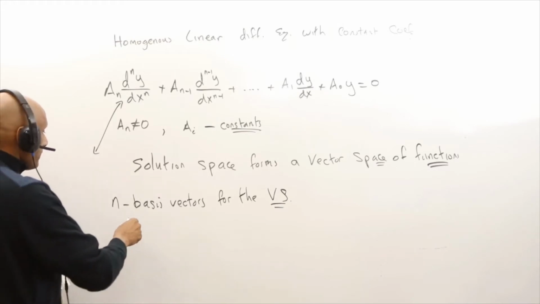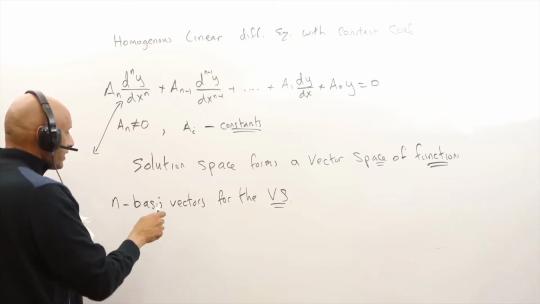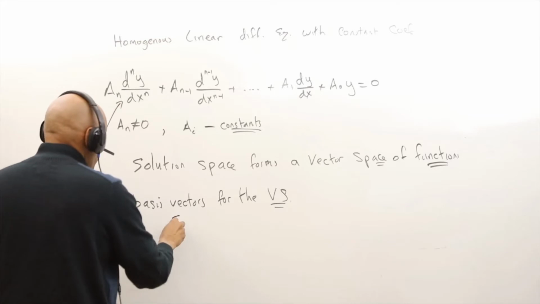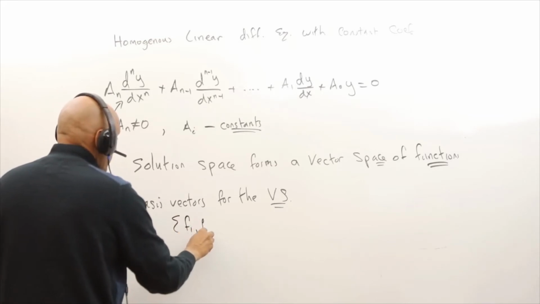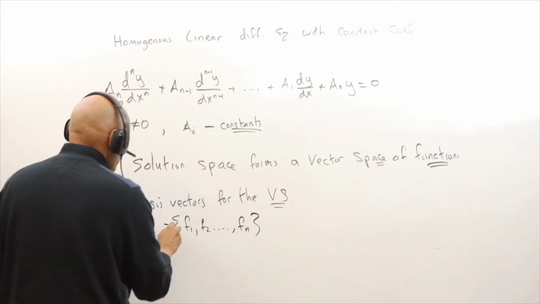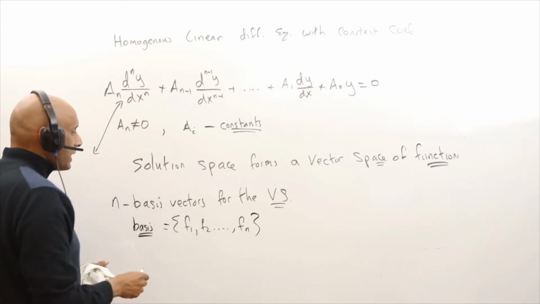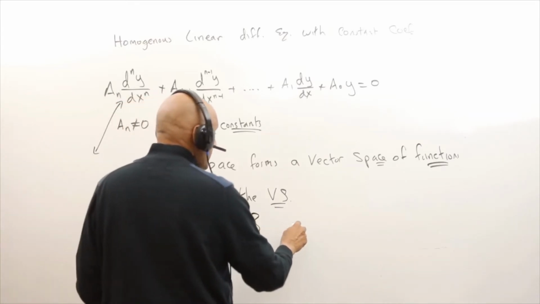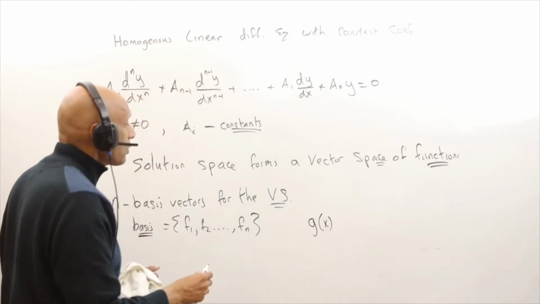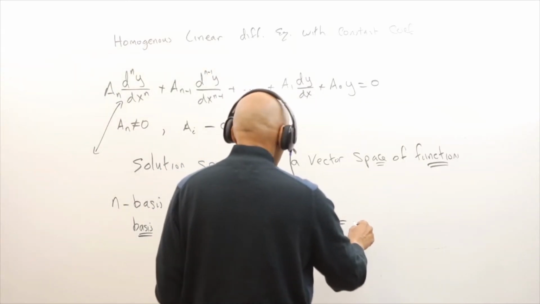So the solutions form a vector space, and that vector space has n basis vectors. If, for example, f1 and f2 all the way up to fn are your basis for that vector space of solutions, then any solution, say g of x, of this differential equation can be expanded in terms of some coefficients.